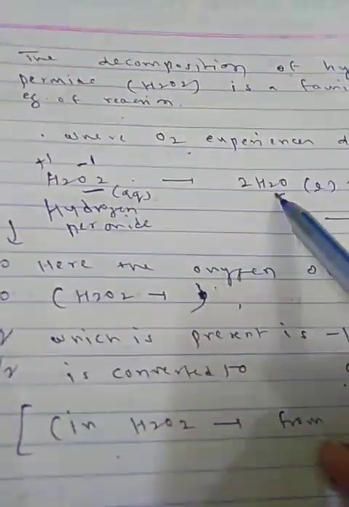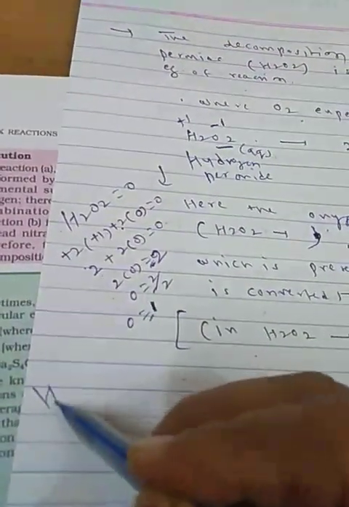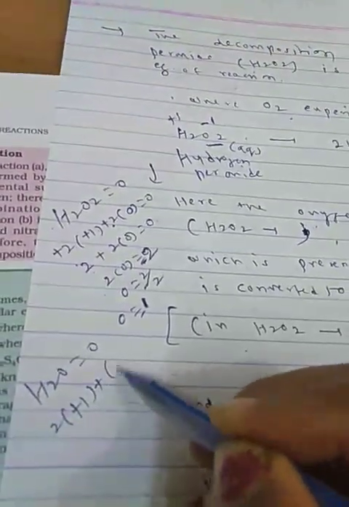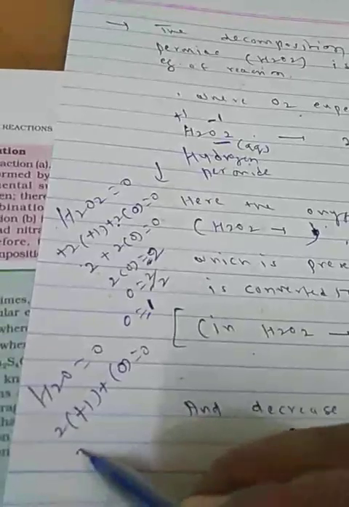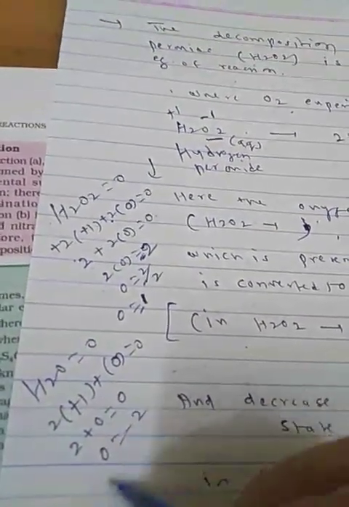And it decreases to the -2 oxidation state in H2O. I am showing you the oxidation state of oxygen in H2O: H2O is equal to 0, so 2 times (+1) plus O is equal to 0, so O is equal to -2.